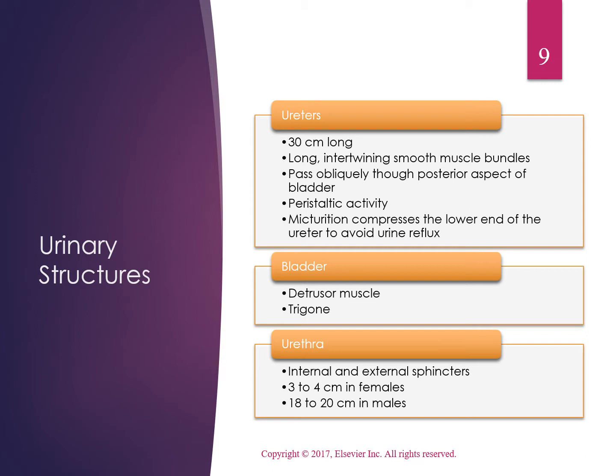We want it going down the ureter. And then at the urethra, we have this internal and external sphincters. The urethra is 3 to 4 centimeters in females and 10 to 20 centimeters in men.